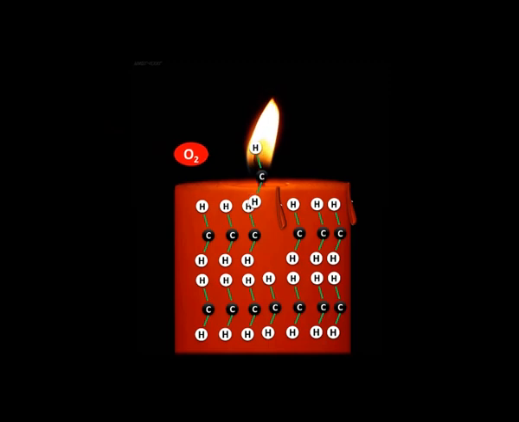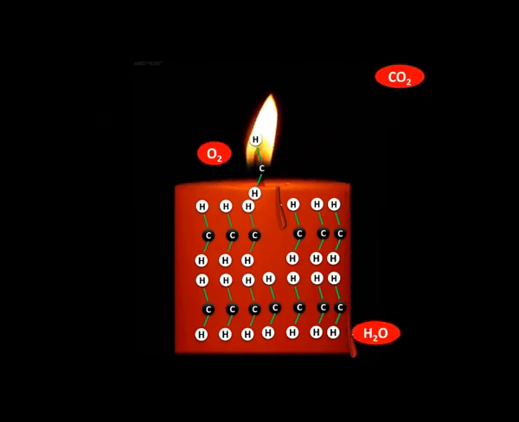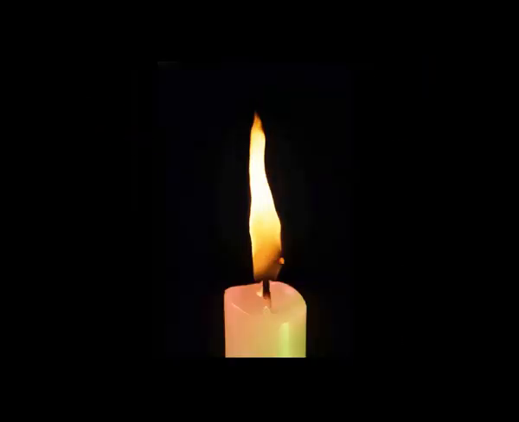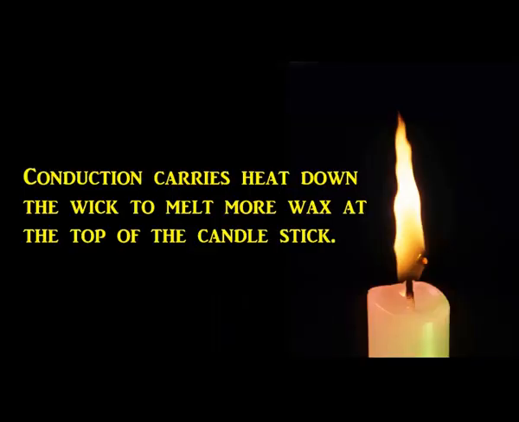Heat generated by this reaction helps to continue this process till all the solid wax changes to vapor state. Both light and heat are continuously evolved in this reaction. Heat from the flame travels in three directions by the processes called conduction, convection, and radiation.